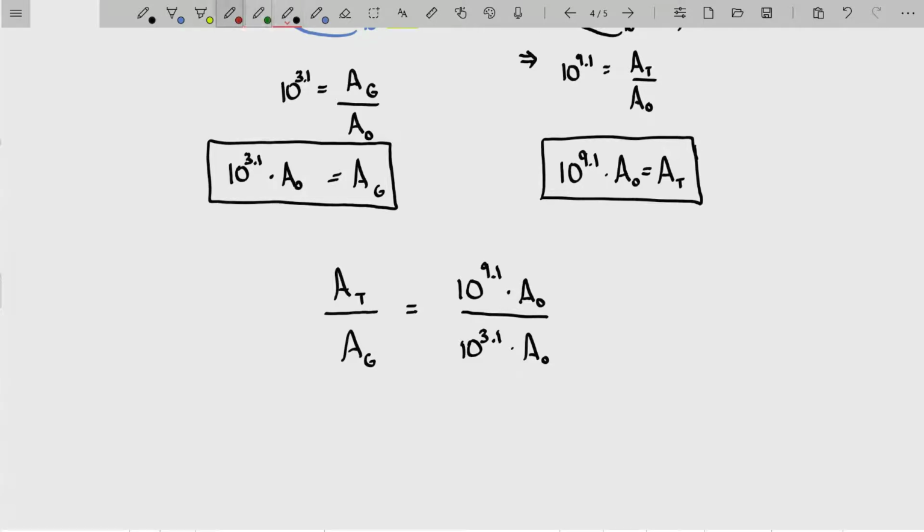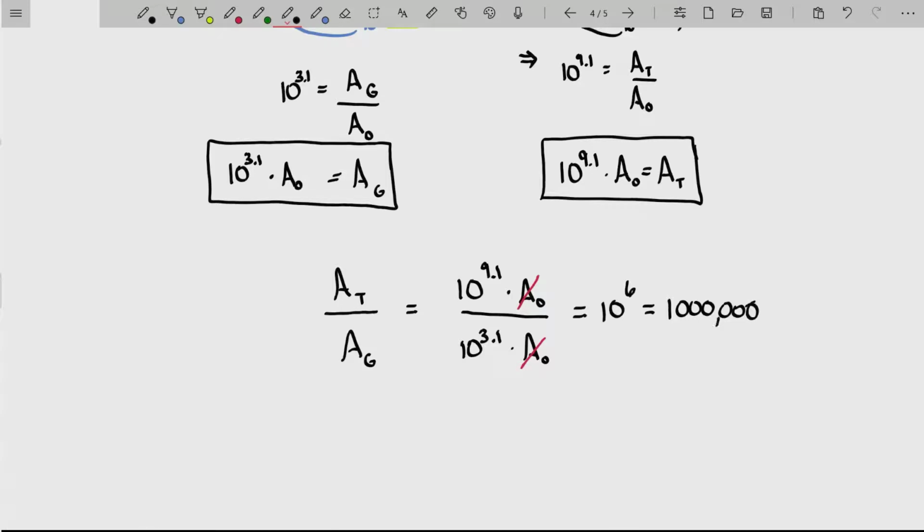The base levels cancel, right? That's why I say there was really no reason to compute with those A naughts. They will disappear when you're asking this style of question. And using laws of exponents, this will be 10 to the 9.1 minus 3.1, or 10 to the 6th, or 1 with 6 zeros after it. That is 1,000,000 times more powerful.